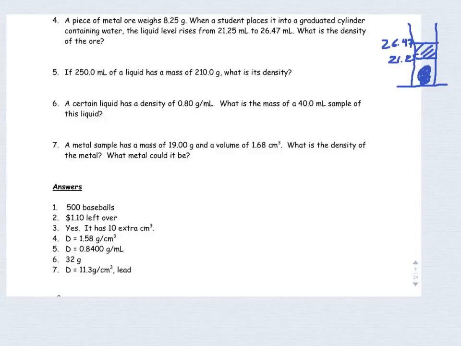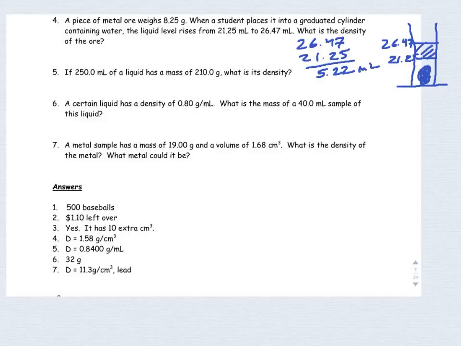So 26.47 minus 21.25 would give you a difference in volume of 5.22 milliliters. Although that shape was very irregular, you can measure the volume indirectly by doing displacement in a water environment in a graduated cylinder.